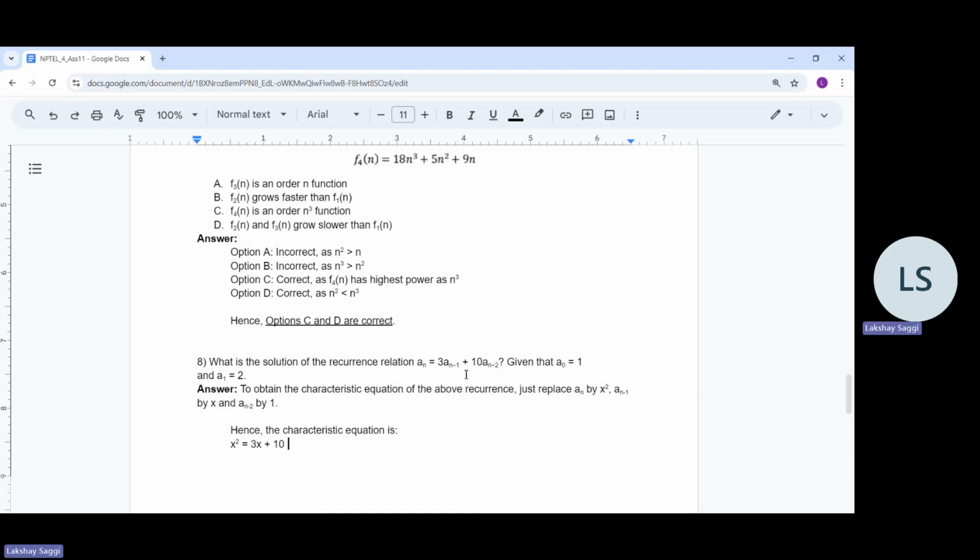Solving this equation, we obtain the roots. So x squared is 3x plus 10 can be written as x minus 5 times x plus 2 equals 0. So x equals 5 comma minus 2 are the roots.